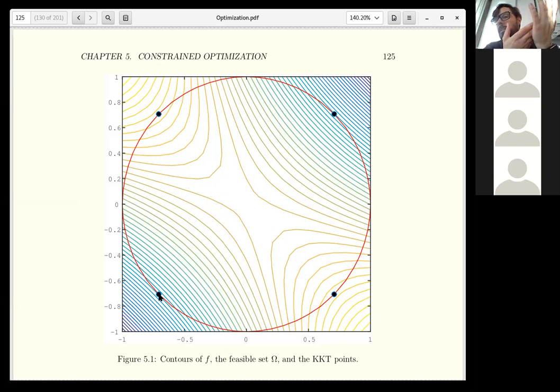Those are the KKT points. I mean, the graphical interpretation is that those are the KKT points. And the question is, which ones are minimums and which ones are maximums? Well, you can try what the number is in different points here.